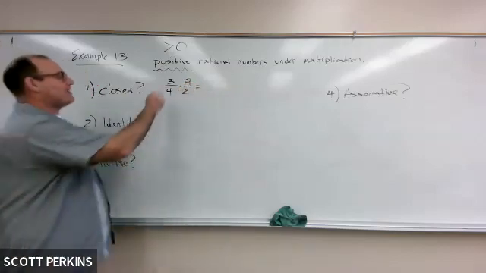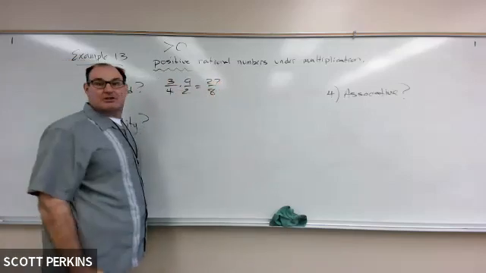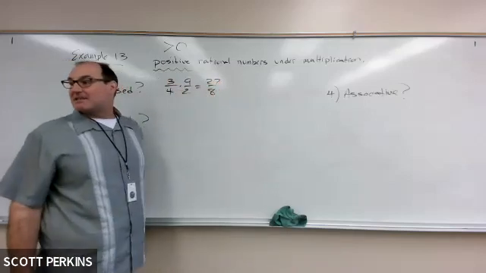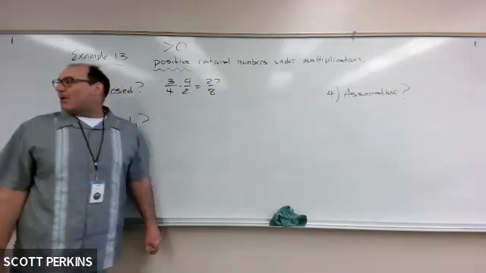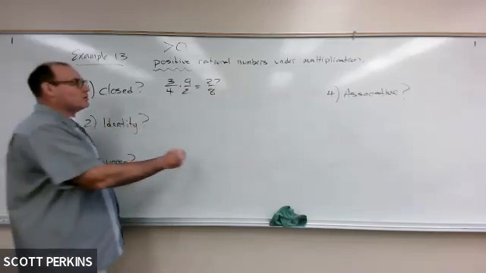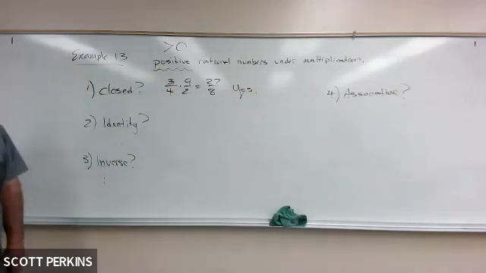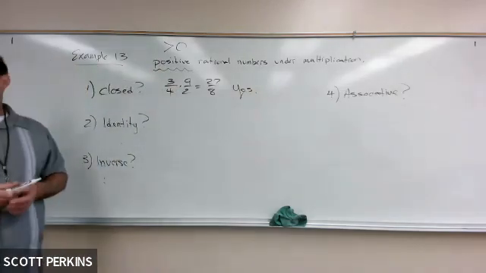When I multiply them, I get 27/8. Is that still a fraction? Yes. Is it still positive? Yes. So I can't think of any 2 fractions that I would multiply and I would not get a fraction. Okay, so is it closed? Yes. When you multiply 2 positive fractions, you always get a positive fraction.